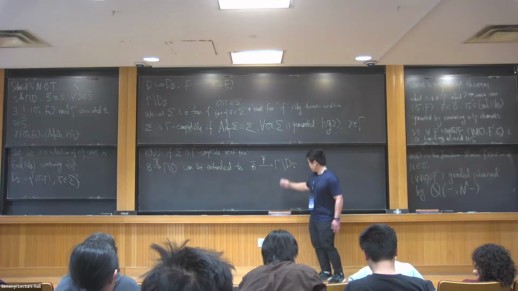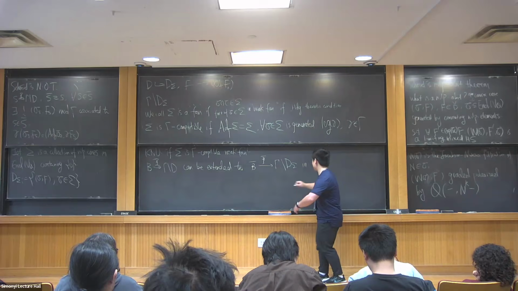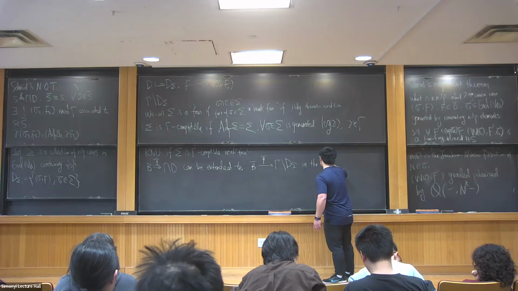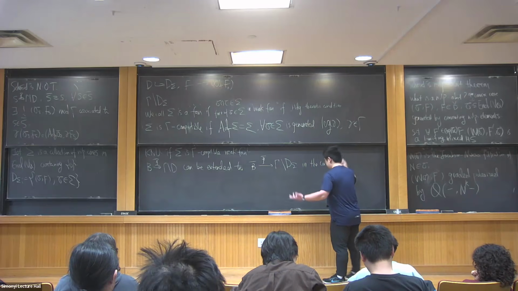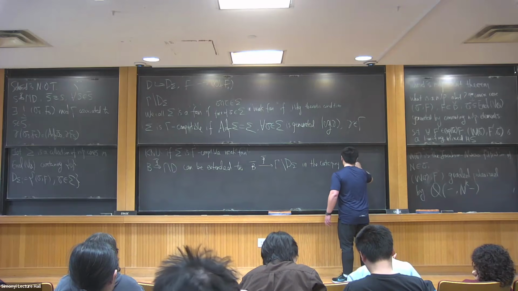And what is this space? This map and this space both lie in the category of something called logarithmic manifolds.